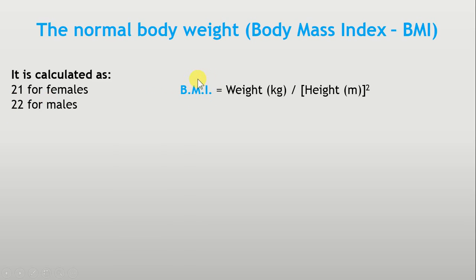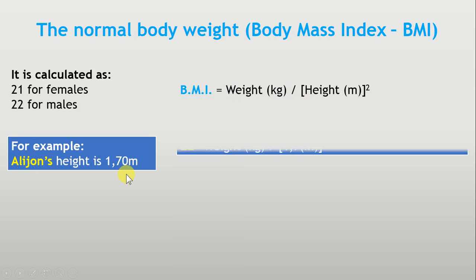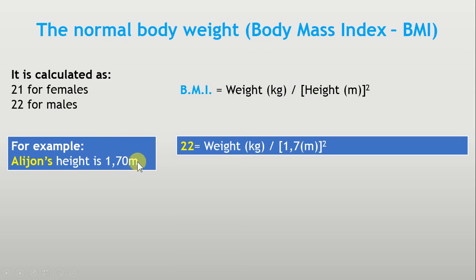We will use 21 for female, for example, and we are going to find their normal weight if we know their height. For example, Ali John in the class is about 1.7 meter, and we know the 22 for male. We are going to find the normal weight, advised weight for Ali John if we know his height.